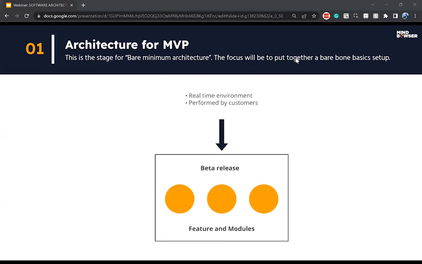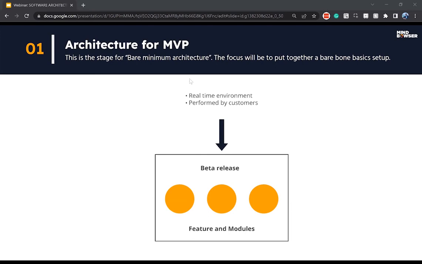Yes, Pravin. So when we started this bare minimum architecture, the focus was put on all the basic elements that cater to it, and when we started implementing this architecture and moving to production, there were initially 2 stages here. One is the alpha release and another is the beta release.